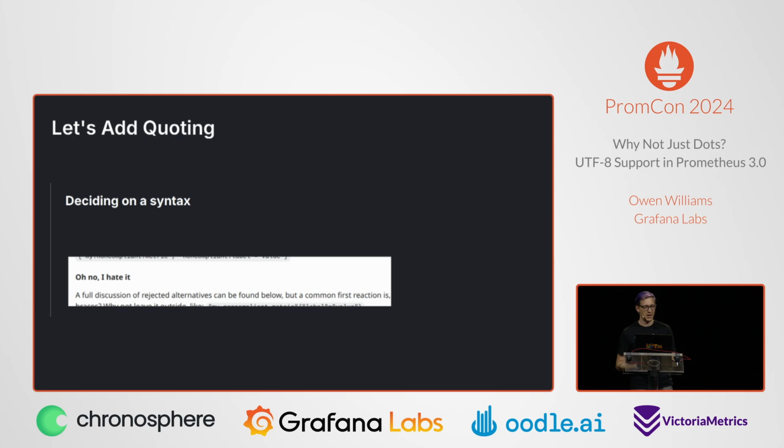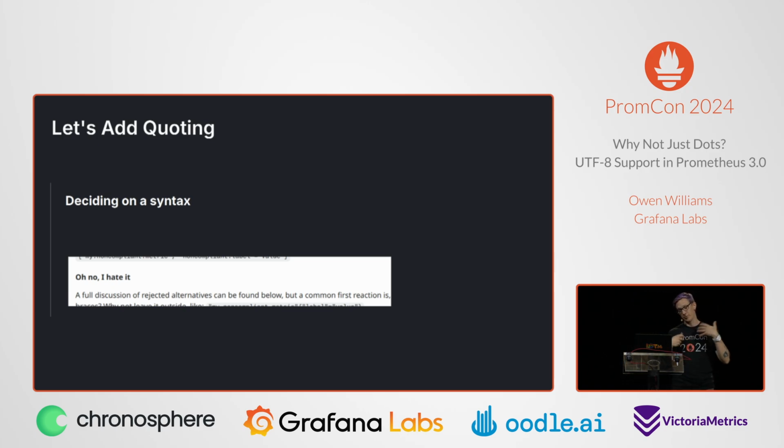And this quote of, "Oh no, I hate it," is from the Prometheus proposal that was merged last year. It comes from any time you touch a thing that people are very familiar with, especially a language like PromQL. There's always going to be a bit of hesitation about something that changes: if this is something I type every day, how many habits am I going to have to change?